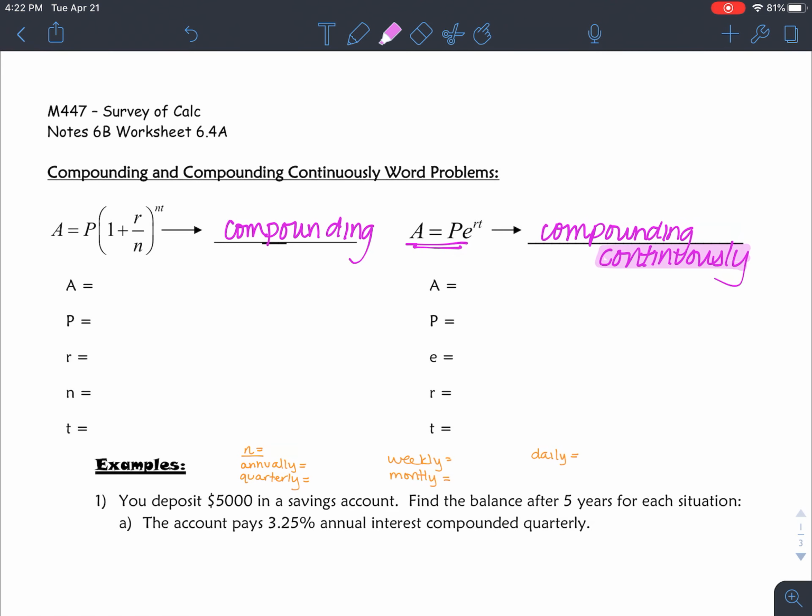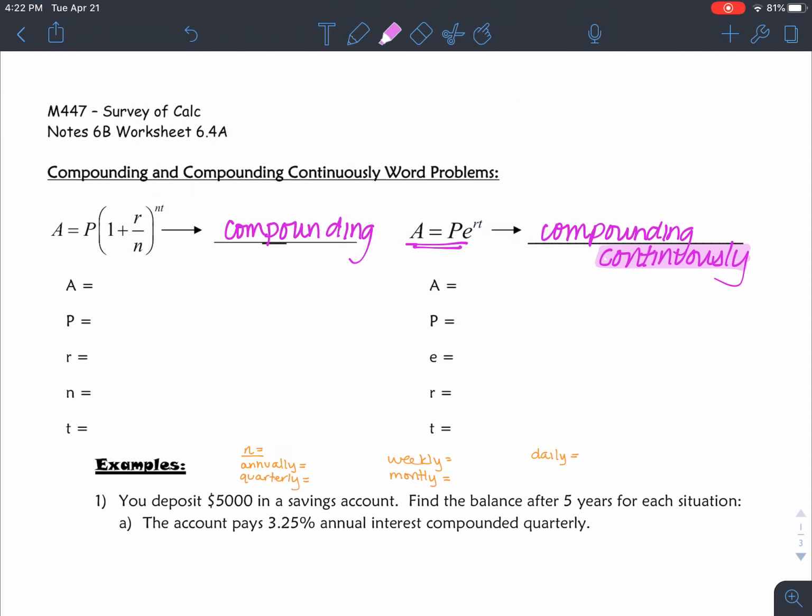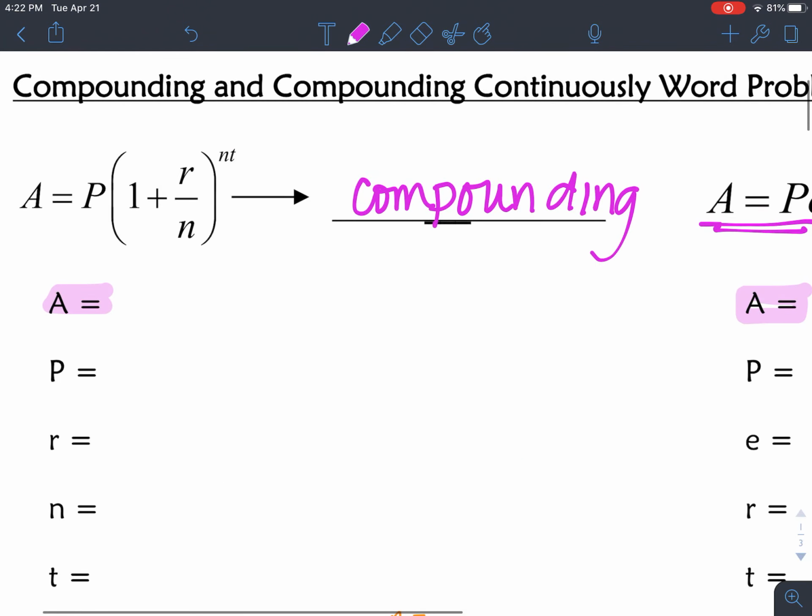Okay, so the letters here mean the same thing in each one, so I'm not going to repeat myself. A in both of them represents your final amount that you want, or you could be given your final amount.